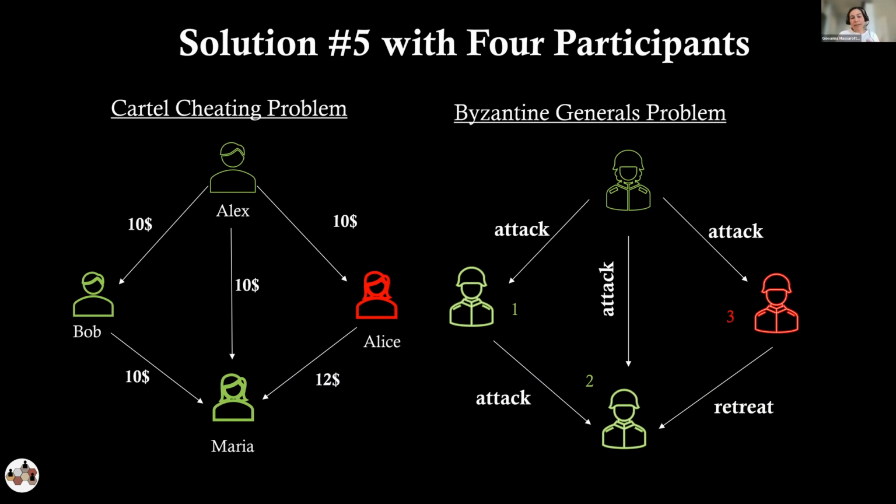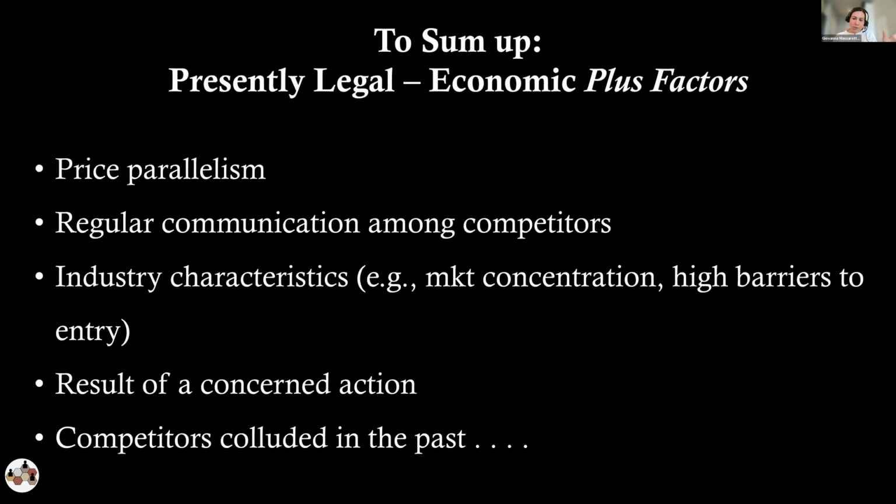The problem can be solved in a similar fashion, because I assume that the dishonest member is sending a different value, but this is not enough to distract the network, and it doesn't compromise the reaching of an agreement. So these are basically the computer science solutions.